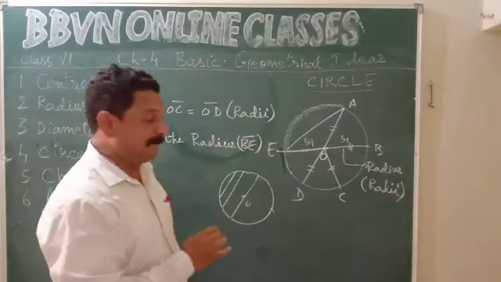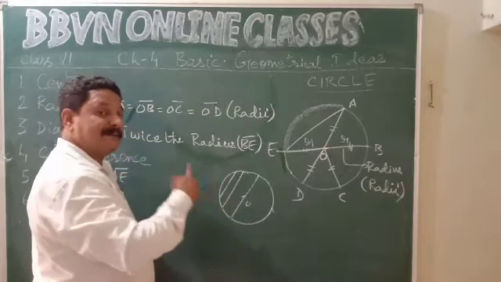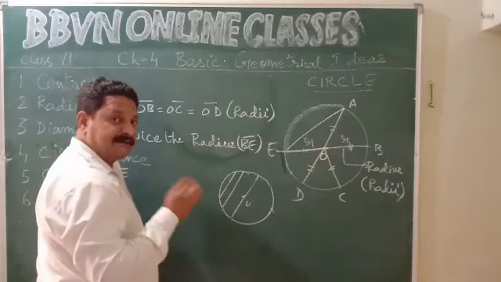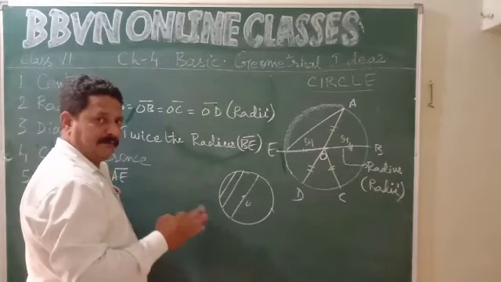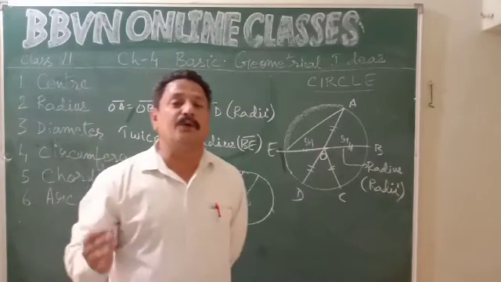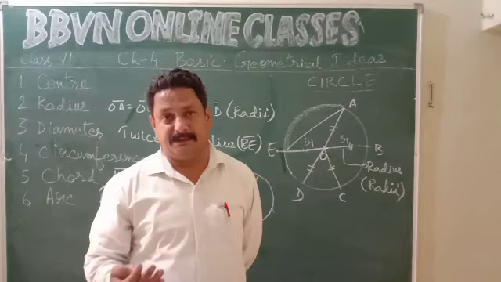Of all the chords in a circle, the diameter is the largest. So the diameter of a circle is the longest chord. If someone asks you, what do you call the longest chord of a circle? The simple answer is diameter, right?